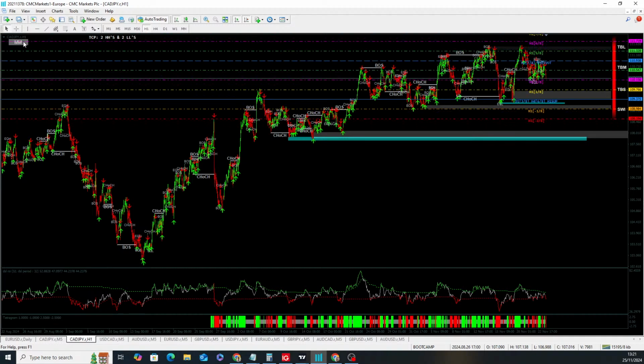So let's analyze the Murray math. We are currently trading at the 2 of 8, which is the pivot reverse. Once we break the 2 of 8, we see the 1 of 8, and the 6 of 8 on this 4 hour here. So we've got the 0 of 8 here.